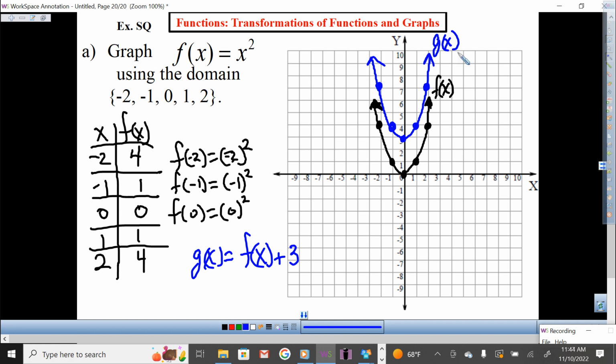All right. So, this is what I want you to do. I want you to write one that goes down, you make up the g of x, and graph it. Anaya, which one did you write? f of x minus 5?